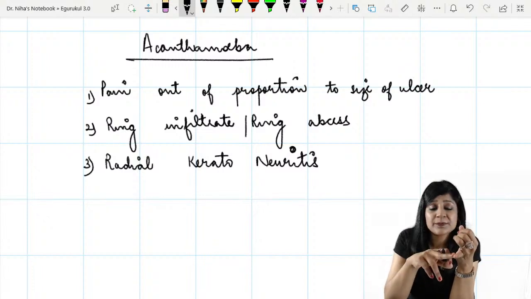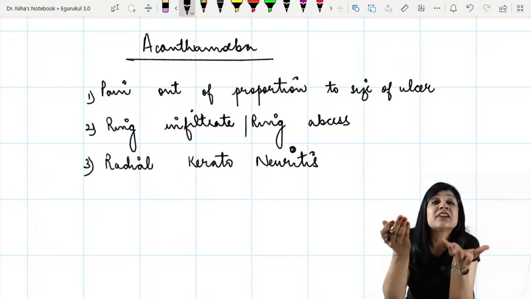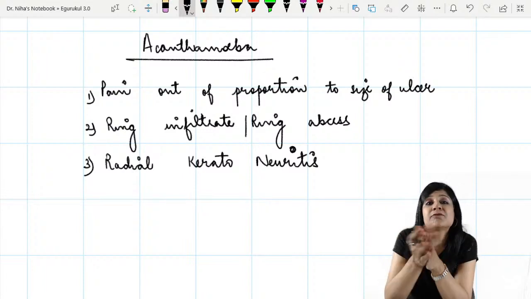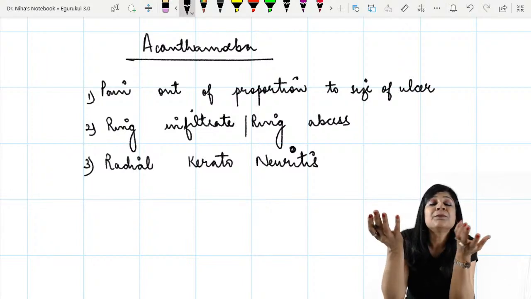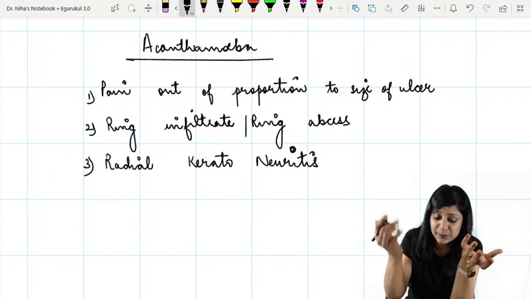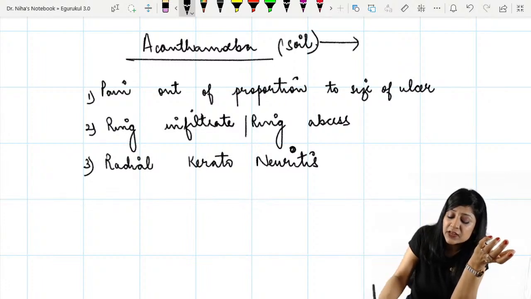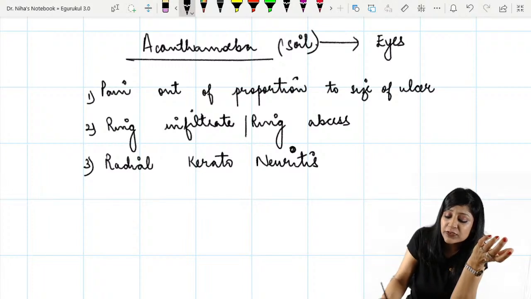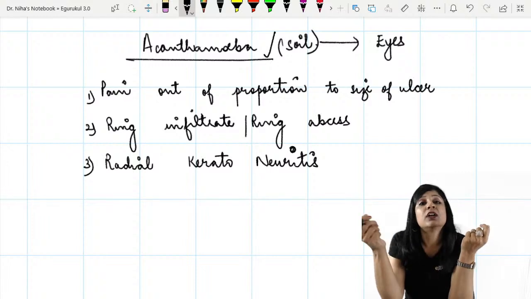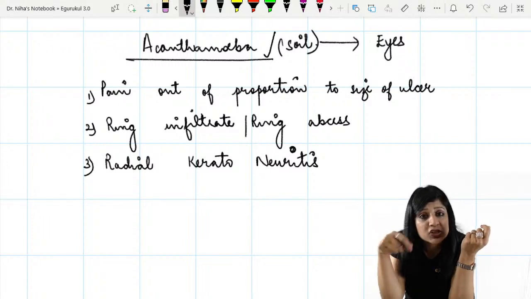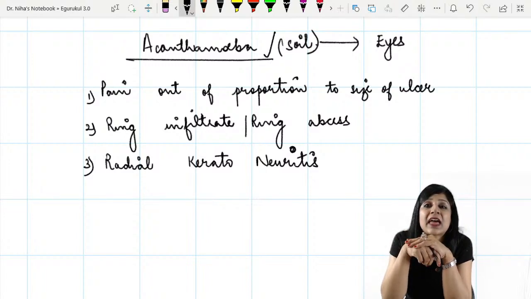Sometimes there is a history of trauma with vegetative matter, because acanthamoeba is a free living amoeba present in the soil. So this is how the amoeba reaches the eyes, with the help of soil. If there is trauma with soiled vegetative matter, or soiled water used to wash the contact lenses, you can have acanthamoeba keratitis.